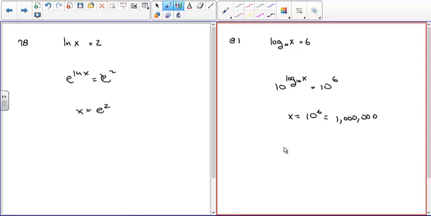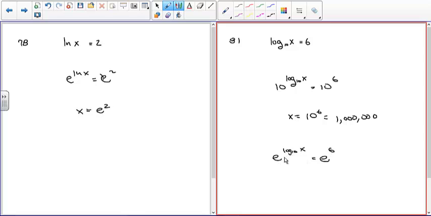I was trying to think what would happen if I did this. If I said e to the natural log of, or to the base 10. So this is not the easier way, so I'm just thinking about this. So if you had e to the log base 10 of x equals e to the 6th power.